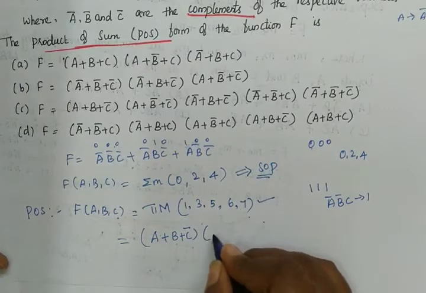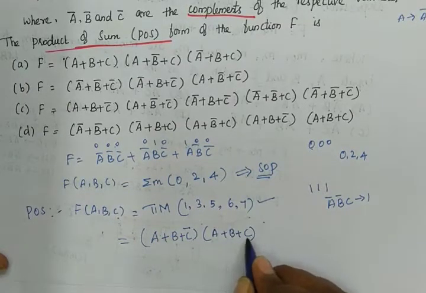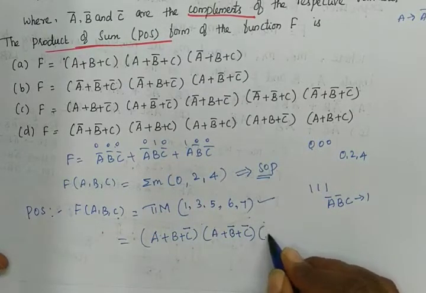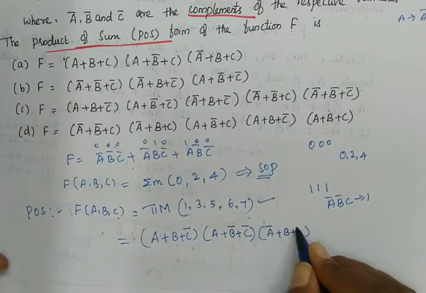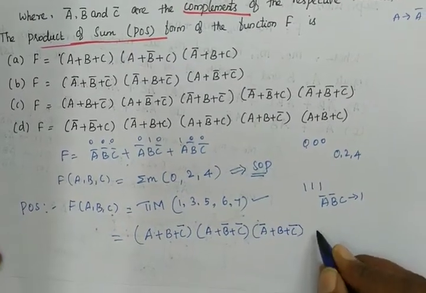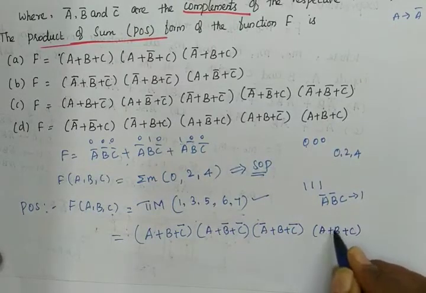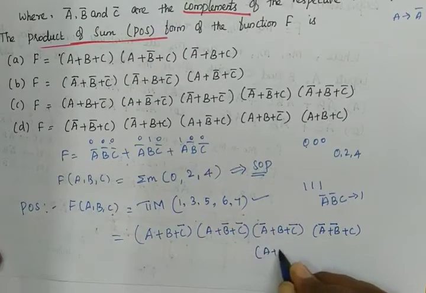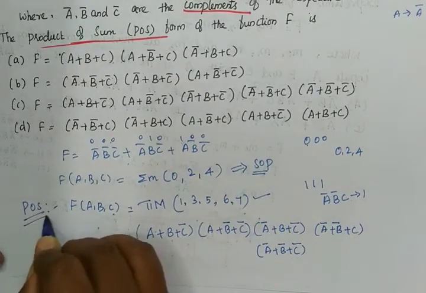And what is 3? Then write A plus B bar plus C bar, so 2 plus 1 is 3. Then 5: A bar plus B plus C bar, so 4 plus 1 is 5. Then 6: A bar plus B bar plus C, so 4 plus 2 is 6. And 7: A bar plus B bar plus C bar. So 4, 5, 6, 7. So this is the representation of POS.